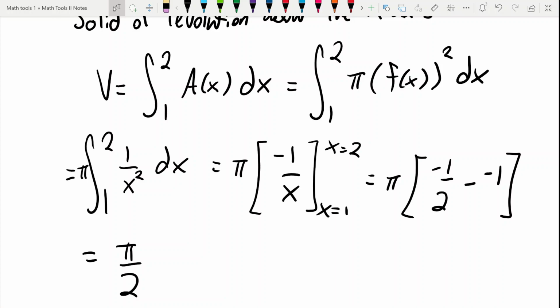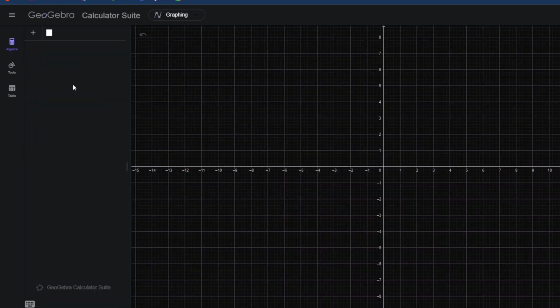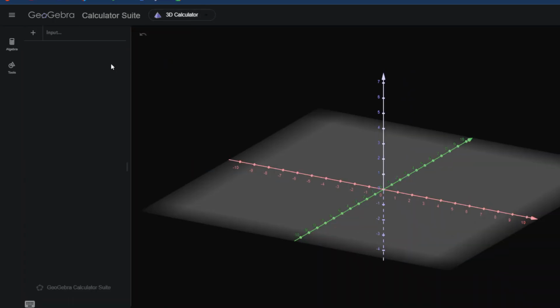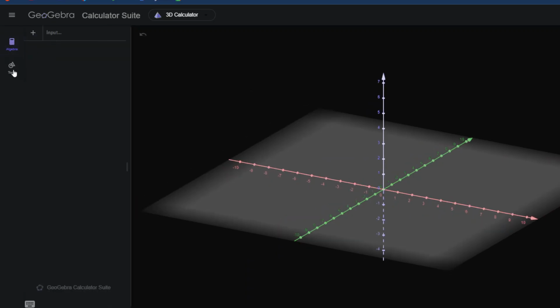And I'll just show how to do that on here in case you want to explore with this tool. Let me just work on deleting this first. Okay, so I have a blank page here, what it looks like when you go to this site. Go to the 3D calculator here. You can go to the algebra.